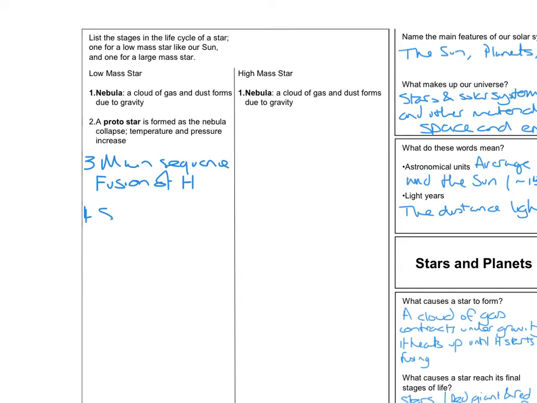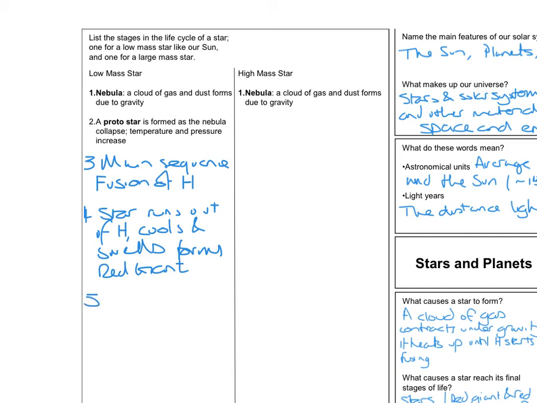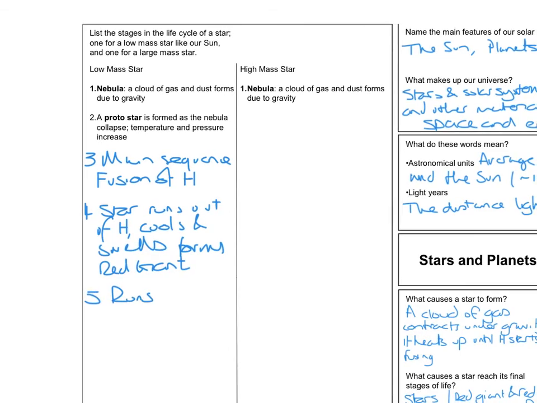So it cools and swells to form a red giant. Okay, number 5, it runs out of light elements.